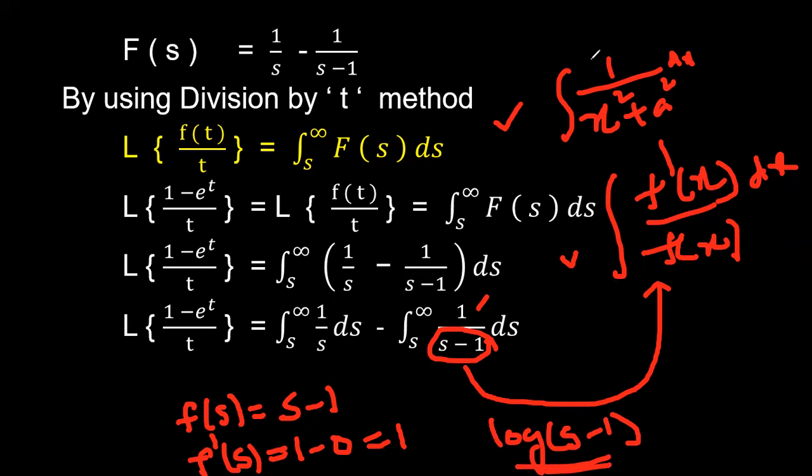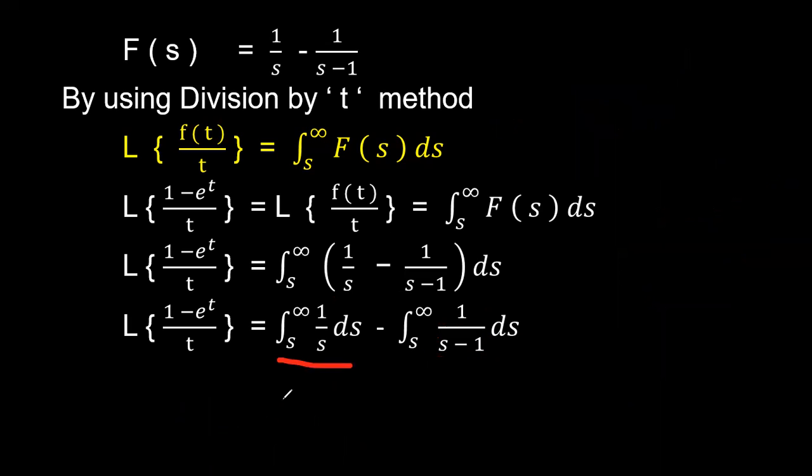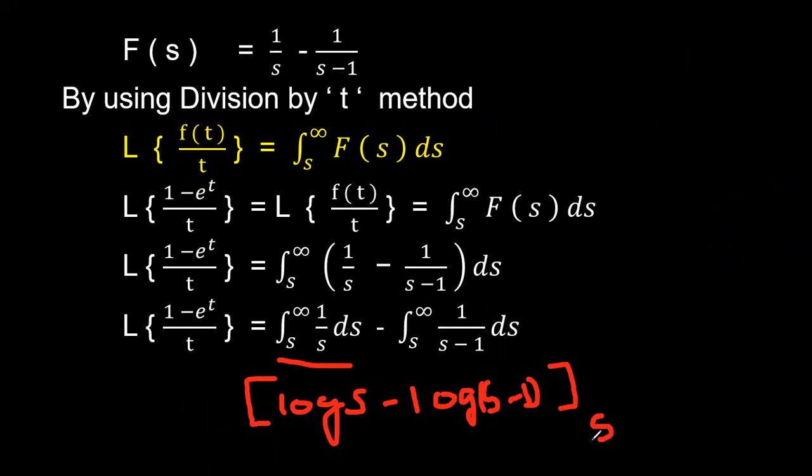So for this function, what will you write? Log s, and for this function, you write log s minus 1. So for both the terms the limits vary from s tends to infinity.